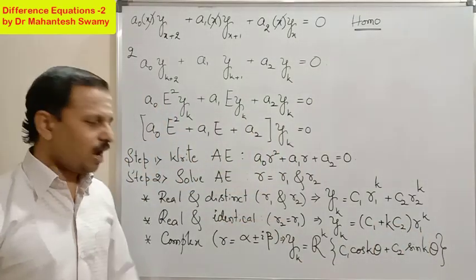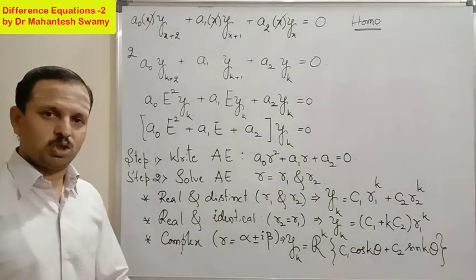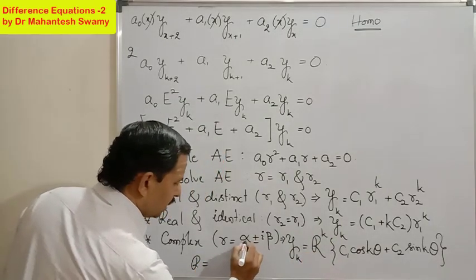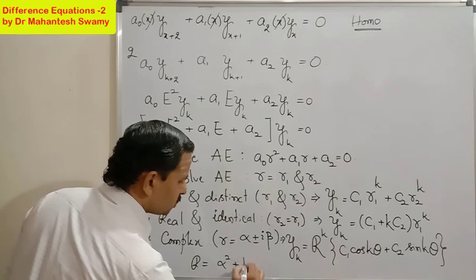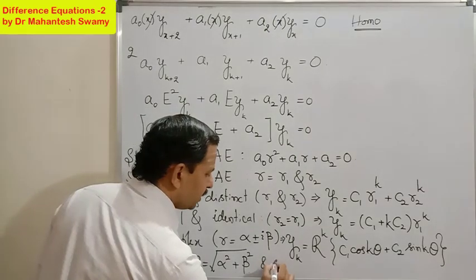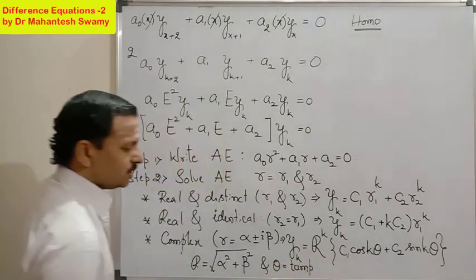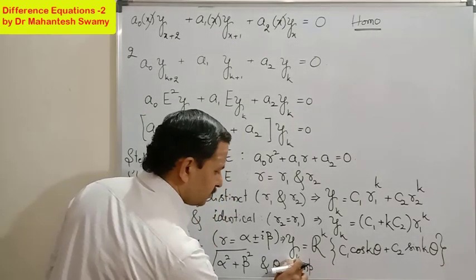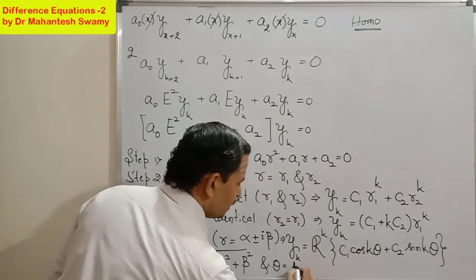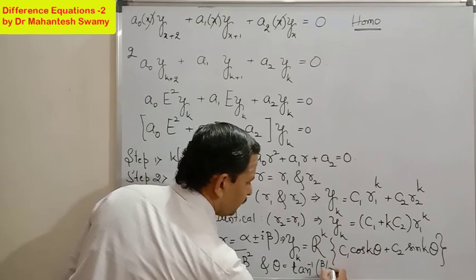So this is how we have to write the required general solution if the roots are a complex pair of conjugates. Now what is r? r is the square root of alpha squared plus beta squared, and theta is the amplitude, that is, tan theta is beta by alpha, so theta is tan inverse of beta by alpha.